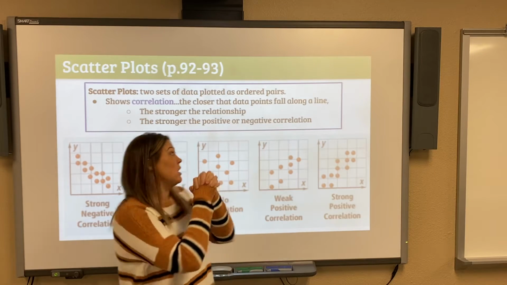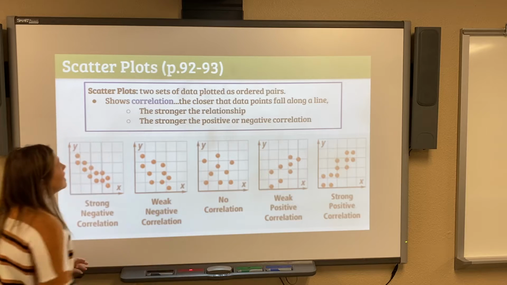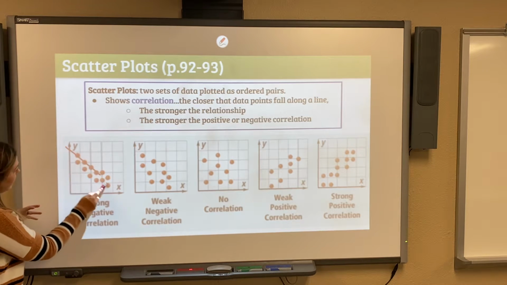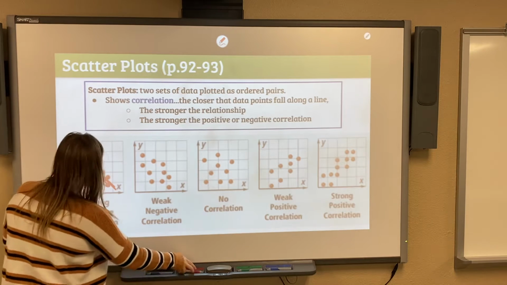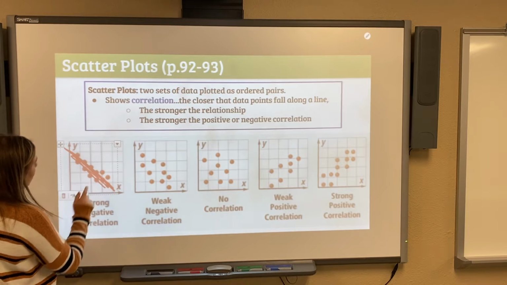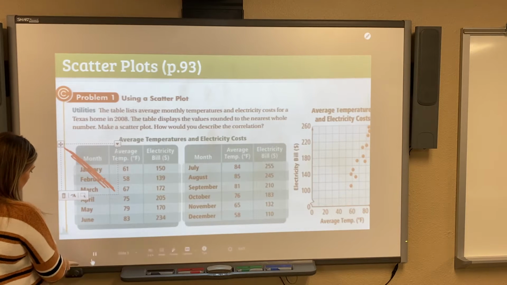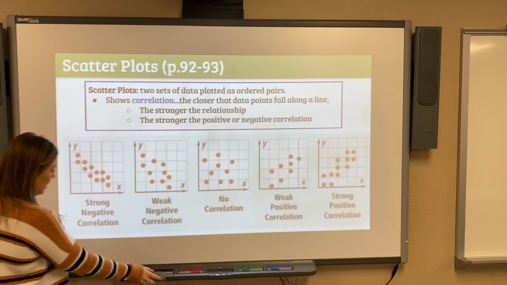Okay, and there's either a strong negative correlation. In a scatter plot, if we were to draw a line of best fit through these dots, it has a negative slope, so it has a negative correlation. As x's increase, our y's decrease.